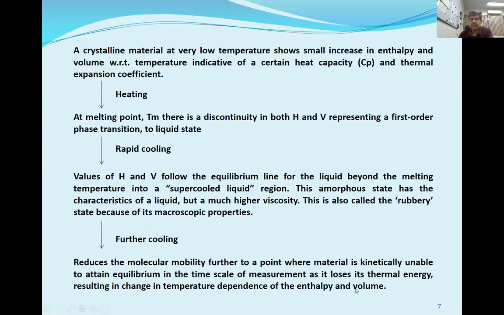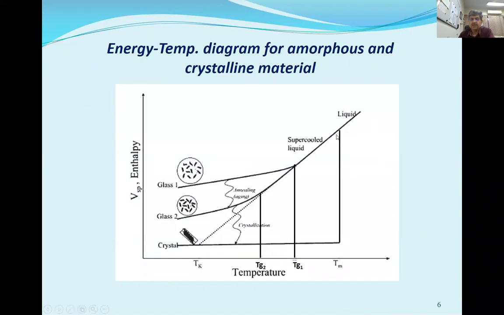So I'll go back to the previous slide to show you this aspect more clearly. So we are talking of this equilibrium line continuing up to a point, and thereafter it deviates from this particular equilibrium line. So this is the point where the glass transition temperature is said to take place, or this is called the Tg of the amorphous state.